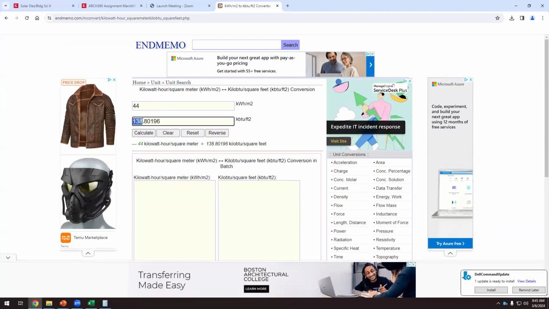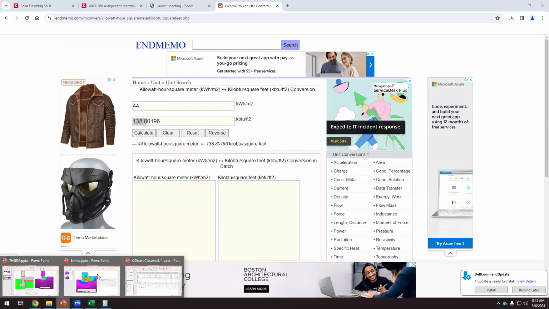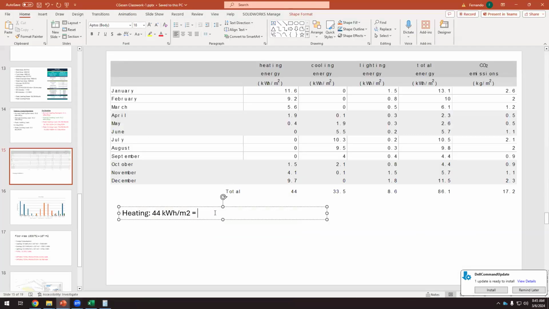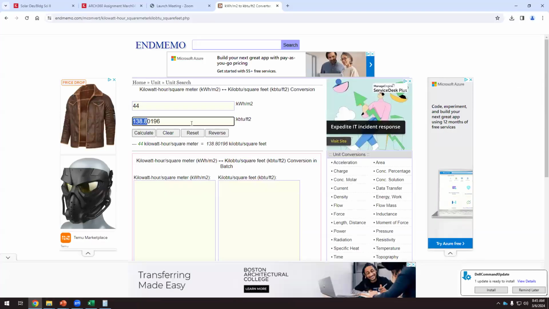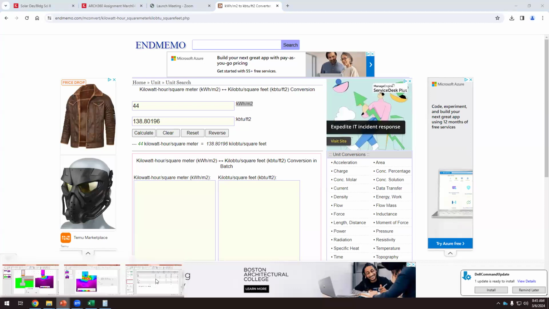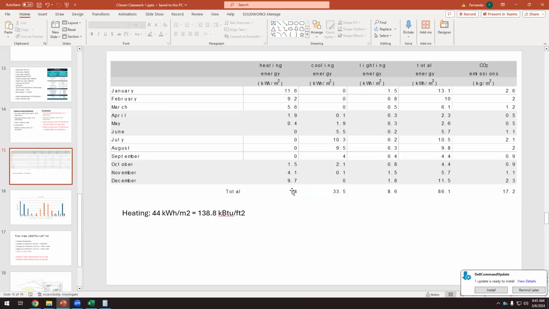So we have 138.8 kBTU per square feet. Let's double check. This is kBTU per square feet, and this is kilowatt hours per square meter. If we look at this report, we have heating energy 44 kilowatt hour per square meter, and we have to do this in kBTU per square feet.